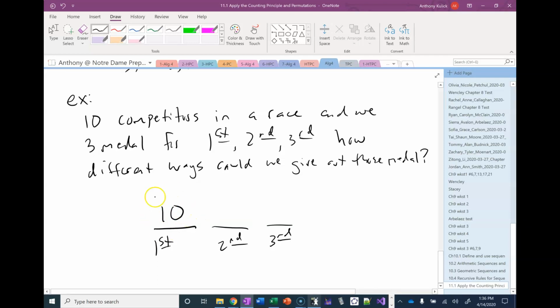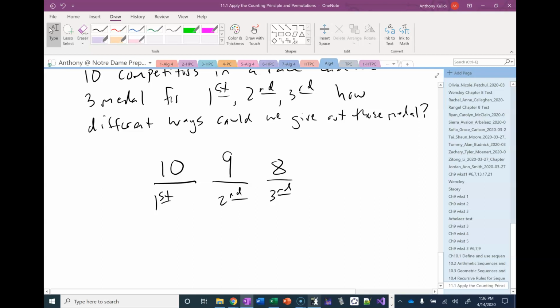But after we've given out the first place medal, you can't also finish second place and first place in the same race. So there's only now 9 choices for our second place medal. And for third place, well, you can't finish third if you've already finished second or already finished first. So there's only 8 possible people that could be given that third place medal to.